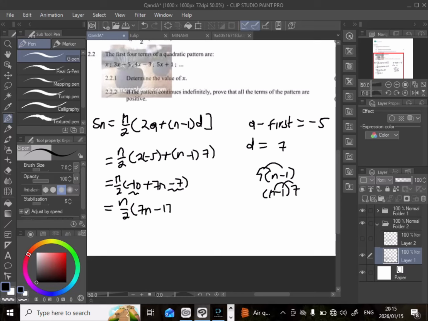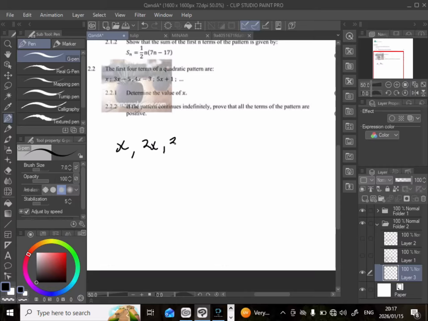Remember, if this was an arithmetic sequence, let's say for example x, then 2x, then 3x, I'm just making an example, we would just take t2 minus t1, which is 2x minus x, and the difference is x.